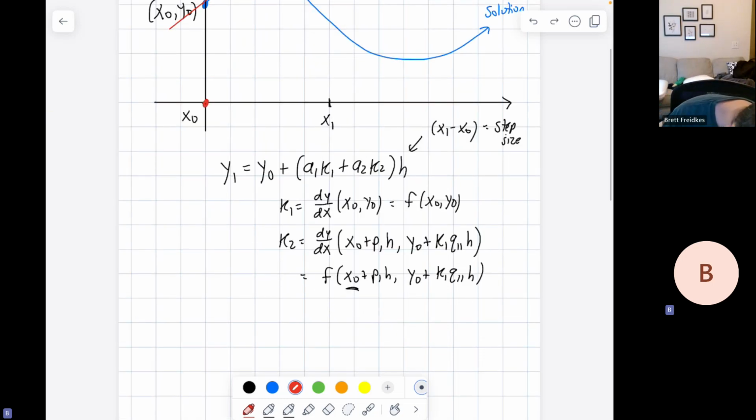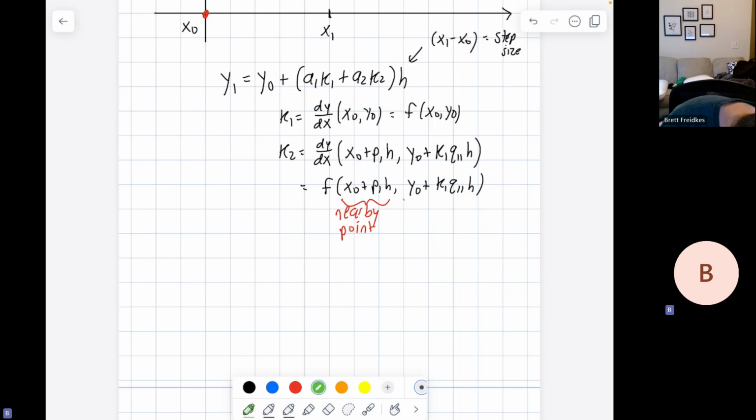So basically, at least in terms of x, this is going to be a nearby point. Nearby in regards to x naught, our current point, or our initial condition in the way that I'm doing this problem at the moment.